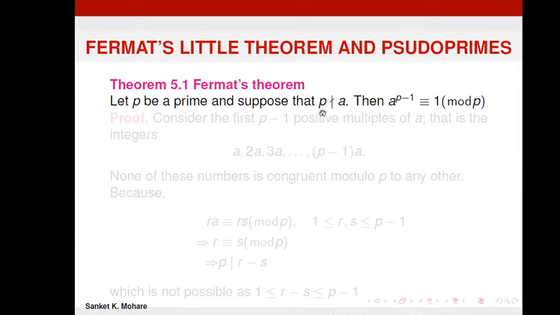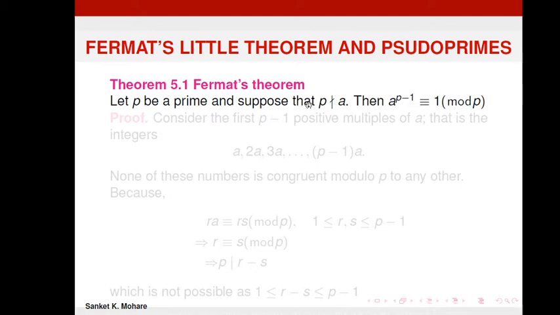Suppose 5 is a prime number, a is equal to 2 and 5 doesn't divide 2, then 2 to the power 5 minus 1 is 2 to the power 4, that is 16. 16 is congruent to 1 modulo 5, because 16 minus 1, this difference, is divisible by 5.